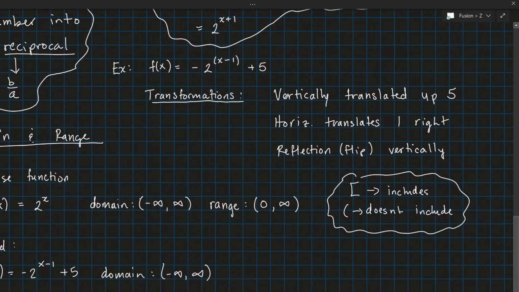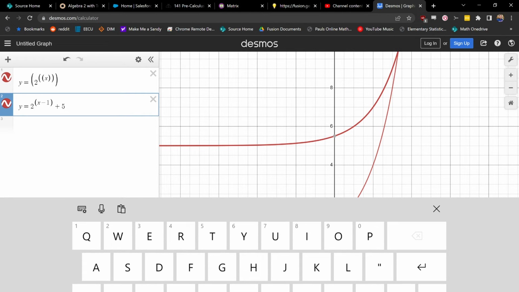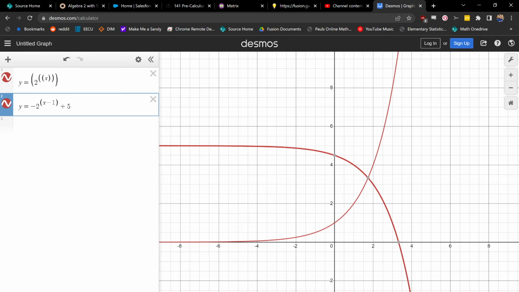But what's going to happen here? So we flipped it and we moved it up. So if we go back to our Desmos graph, let's put the flip back on it. So you can see that it gets all the way almost to 5, but it never actually reaches 5.